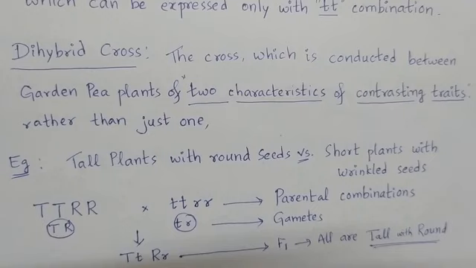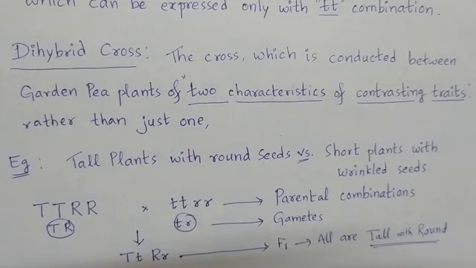At the same time, if Mendel takes into account another character which has contrasting traits, then how many characters in total have there become? Two characters. The first one is the character height. The second one, he has taken seed shape. Right? Seed shape. So Mendel has taken in the next experiments two characters into consideration for his observation of inheritance of traits.